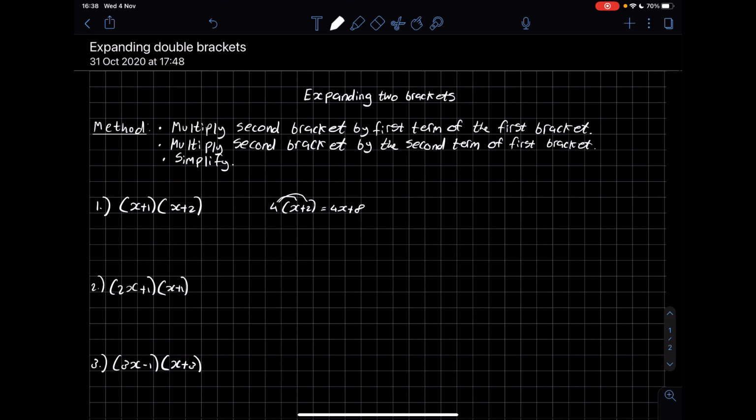Now the method to multiply out two brackets together is you multiply the second bracket by the first term, so it's similar to this, but then you multiply the second bracket also by the second term of the first bracket. So essentially you do the same as you would for the first bracket, and then you add on what you would do if 1 was in place there instead of x.